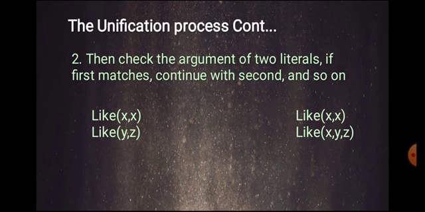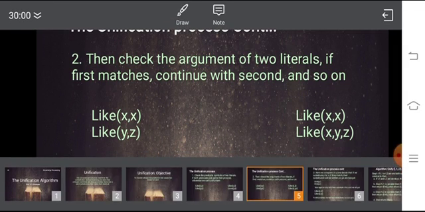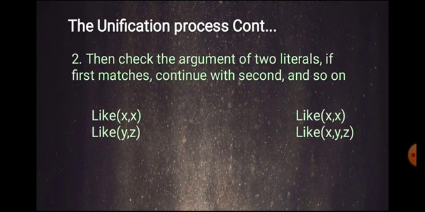In both examples the predicates are the same, but the number of arguments in the second example is different: like of x comma x and like of x comma y comma z. Here the arguments are different, so we cannot unify the second example.